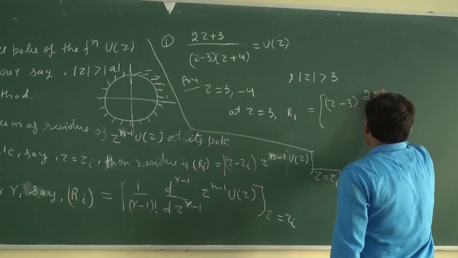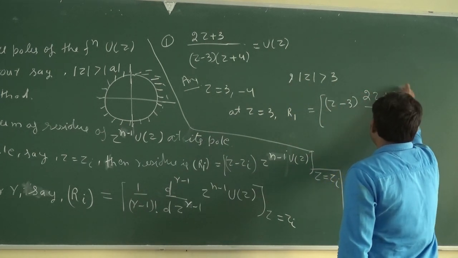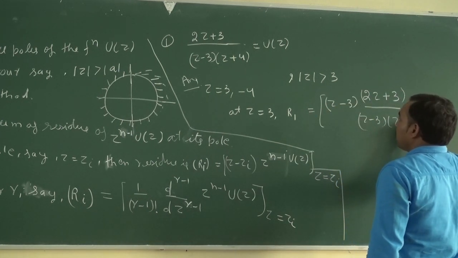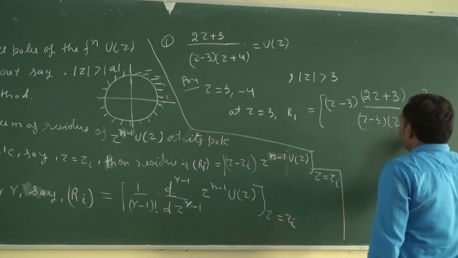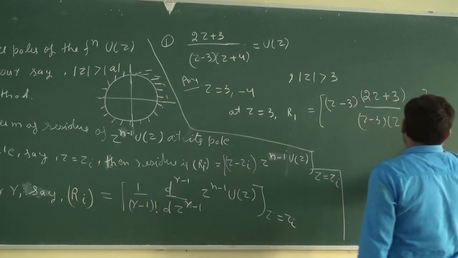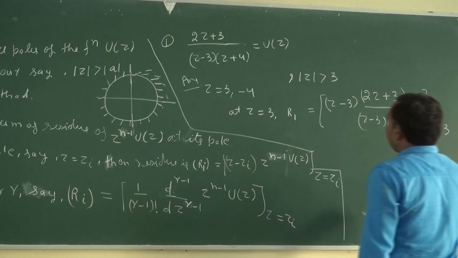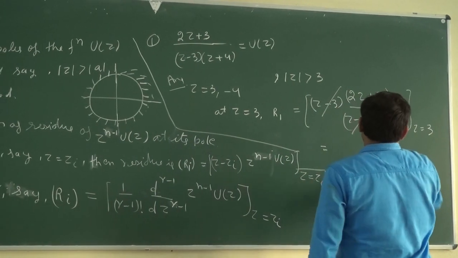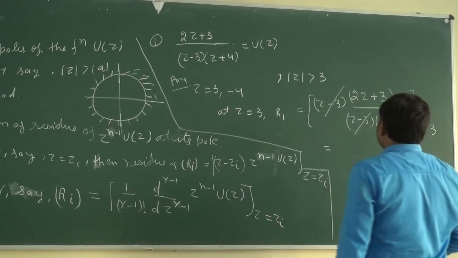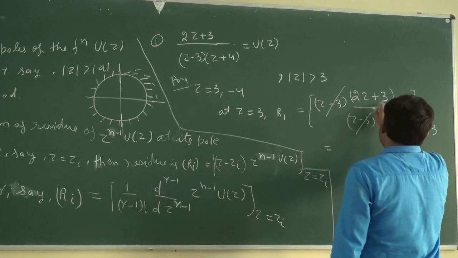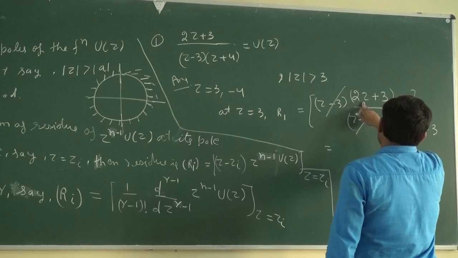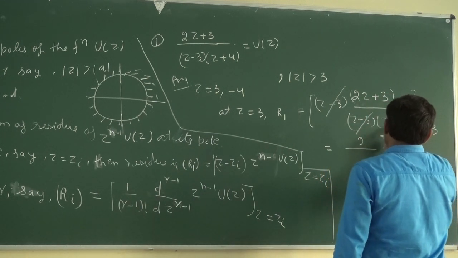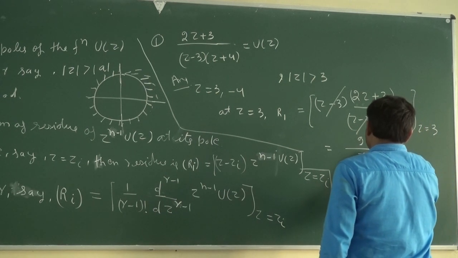Simply (2Z plus 3) upon (Z minus 3)(Z plus 4) at Z is equal to 3. Finally this cancels out. Now in this expression put Z is equal to 3. So here 6 plus 3, that is 9, upon 3 plus 4, that is 7.